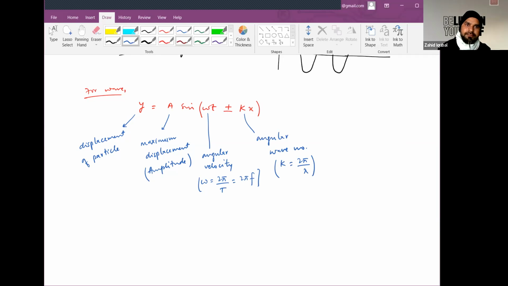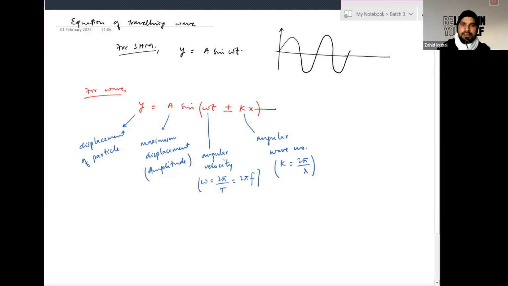Next, this x attached with k will define the direction of traveling of wave or direction of propagation of wave. With its coefficient, there is a plus or minus sign.